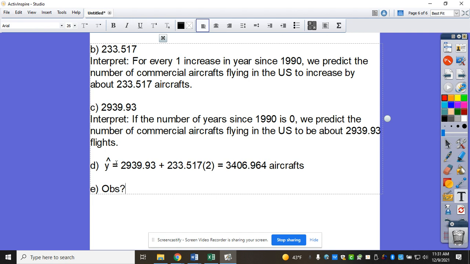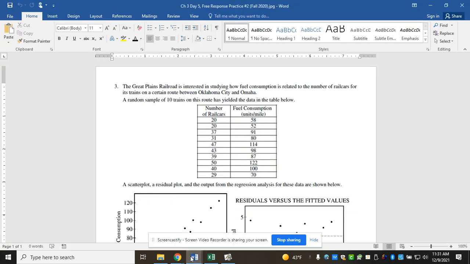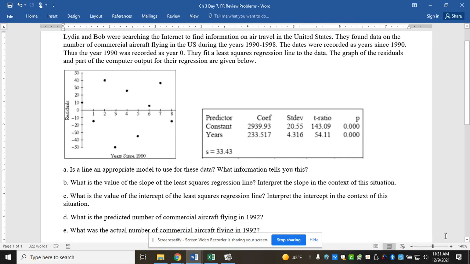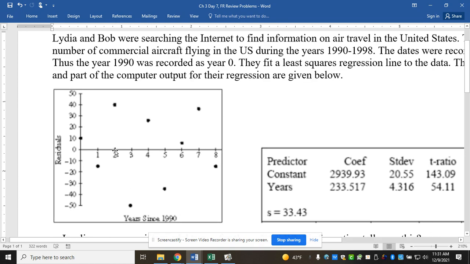If I look at the graph, this says for flying in 1992, so I know that's my x value of what? 2. But this graph does not show me the actual. This graph shows me the what? The residuals. So at x equals 2, my residual is like what?